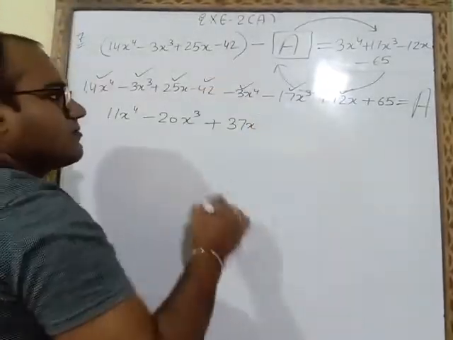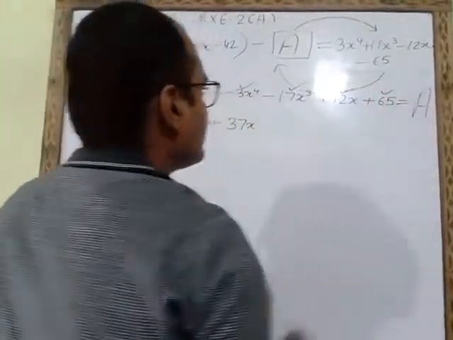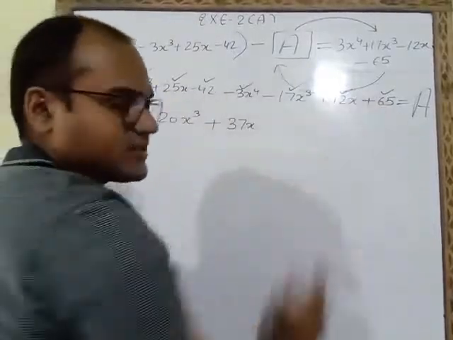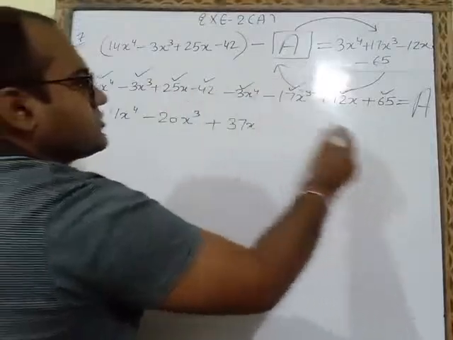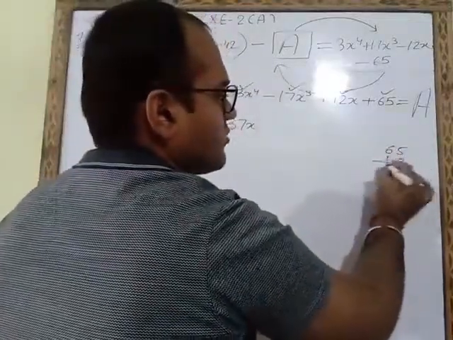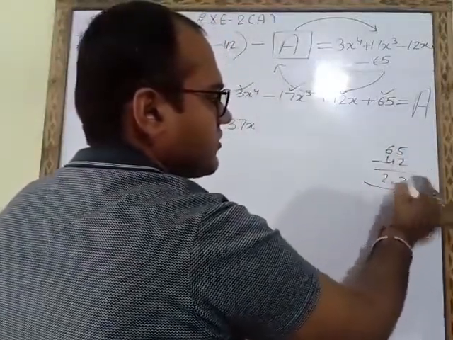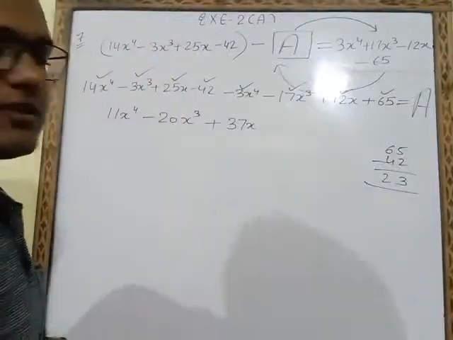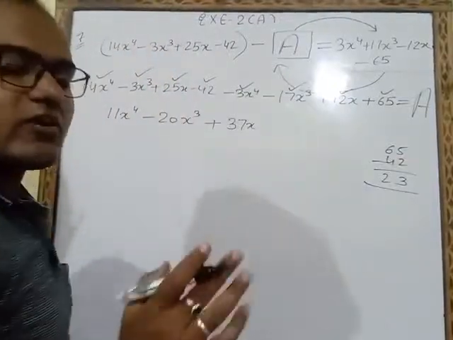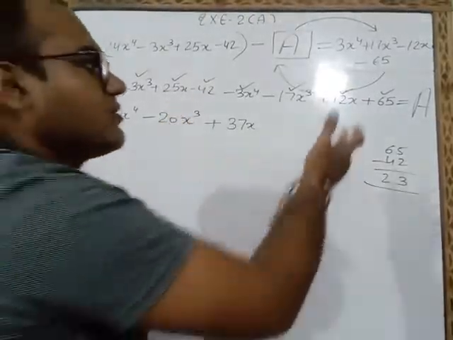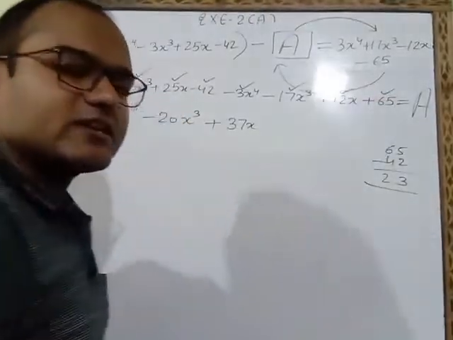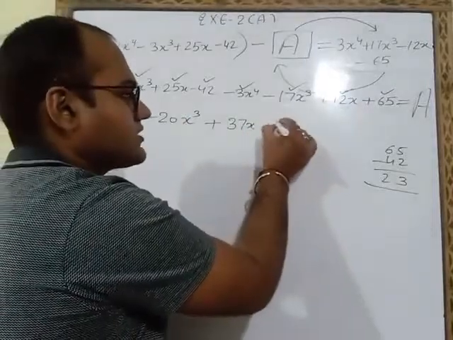Minus 42 plus 65, the signs are minus and plus, so we will subtract these two, 65 and 42. On subtracting these two we will get 23, and we have to put the sign of the greater number. 65 and 42, which one is greater? 65 is greater, 65's sign is plus, so we will write plus 23.